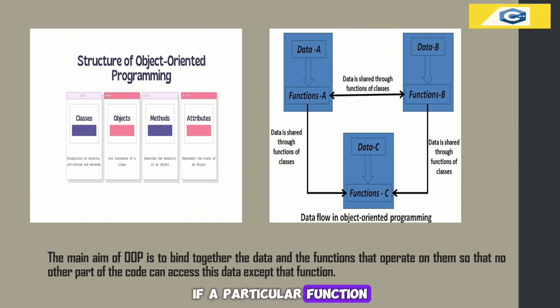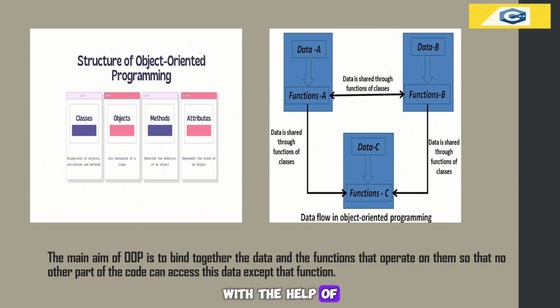If a function is from outside the class, we cannot directly access the data which is inside the class. Through this data flow, we can say the data integrity in OOP is maintained. One function can access the data of its own class with the help of its own function. A class will have data, a class will have functions.